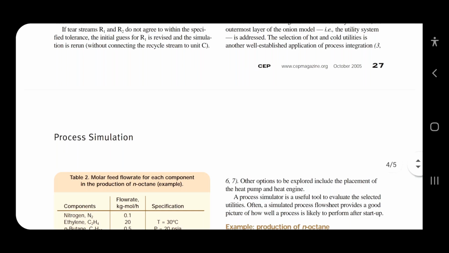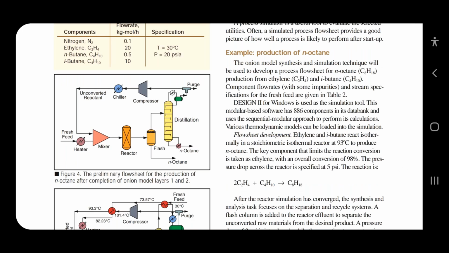Here you have seen figure number 4 is the general diagram. Figure number 4 is the preliminary flow sheet for the production of n-octane after completion of the onion model layers. So here there is a reactor, there is a separator, then some heat exchange networks are there, but you have to apply the phenomena of process integration.